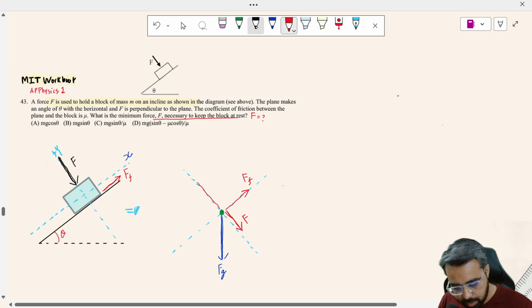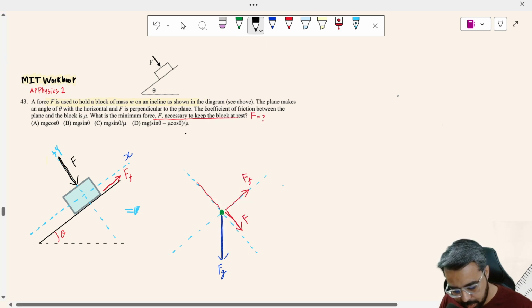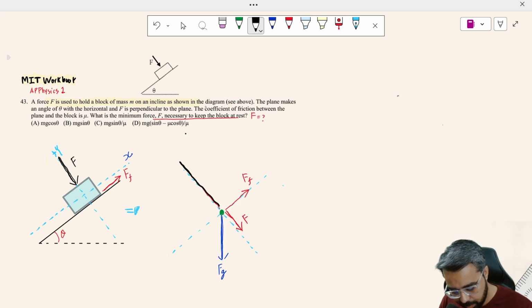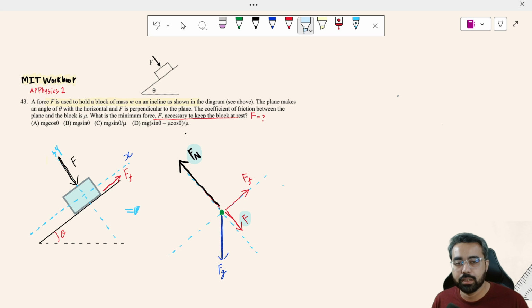Why? Because this normal force is actually countering the two forces in the opposite direction. I'm talking about that this normal force is balancing the two forces. The one is this applied force, and the other one is the component of this weight. Okay, so this is angle theta.